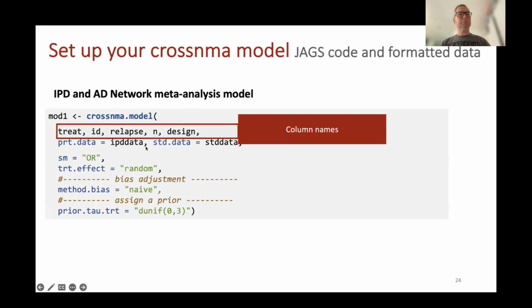So then the first function you would use from the crossnma package is the crossnma model function. Here are the essential variables you have to provide for a binary outcome: treatment variable, study information, outcome of interest, sample sizes for the aggregated data, and the design indicator, whether it's a randomized study or a non-randomized study.